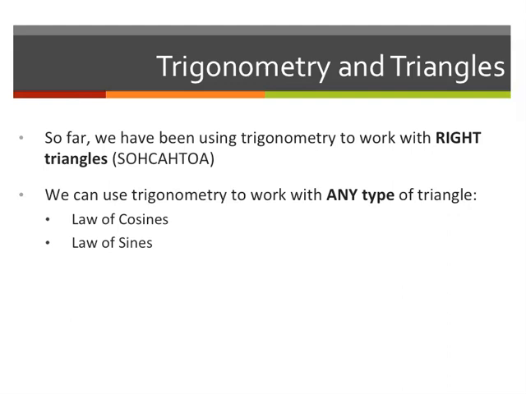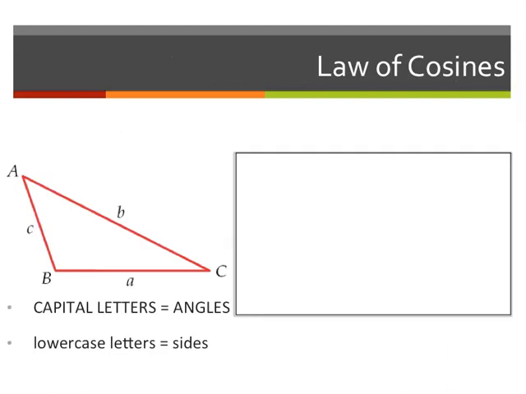So before we get into law of cosines, there are some things in terms of just logistics. How do we label a triangle if we don't have a hypotenuse to work with, or we can't tell what is opposite or what's adjacent if it's not the hypotenuse? Here we have a triangle.